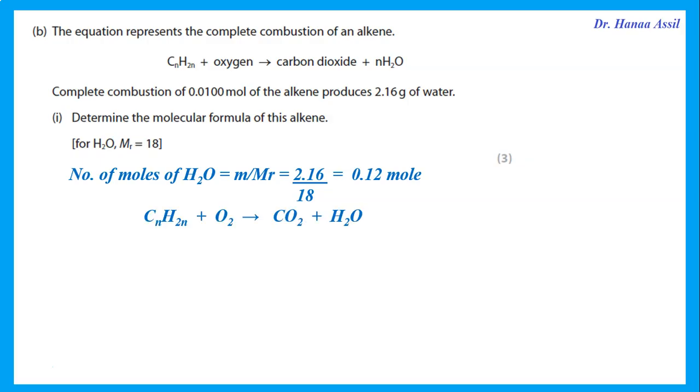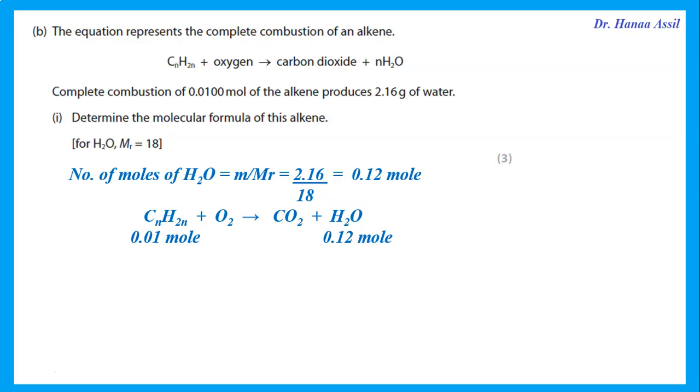Now, if we look at the equation, we are told that we're starting with 0.01 mole of the alkene. So that means when we start with 0.01 mole of the alkene, we got 0.12 mole of water.